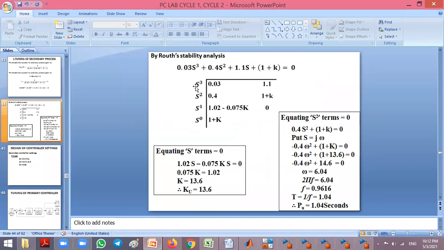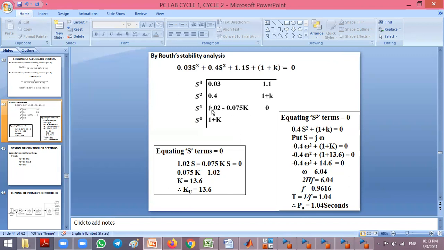S cube is the highest power, so you write S cube, and 0.03 is the coefficient of S cube. Then for S, odd powers, it is 1.1. Next you go to the S square term, even powers. For S square it is 0.4 and the constant is 1 plus K.